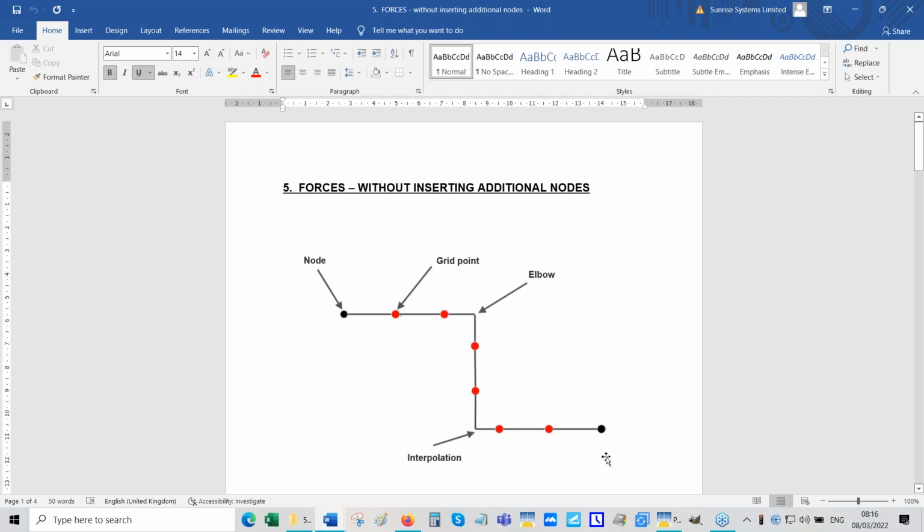And in order to calculate the pressure and flow rate at this elbow, because it knows the solutions at the grid points, it has to do a little bit of interpolation between the grid points which are adjacent to it. And it's the same here.